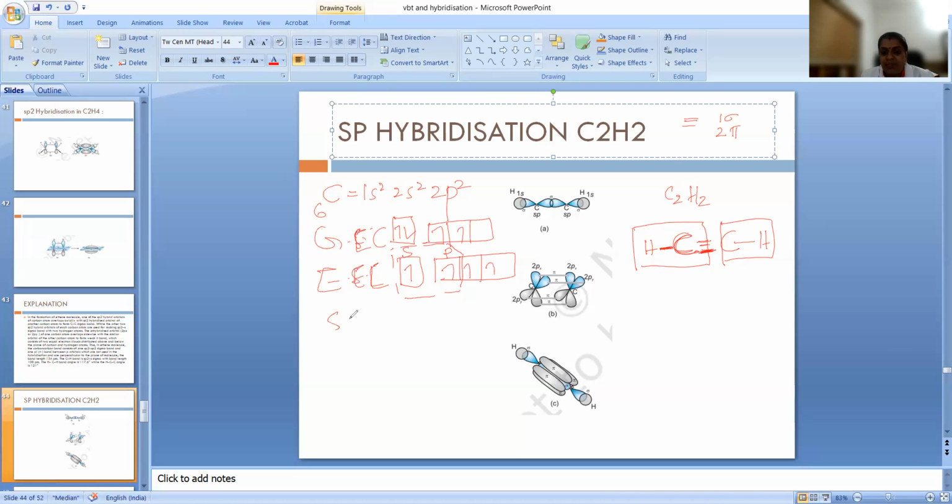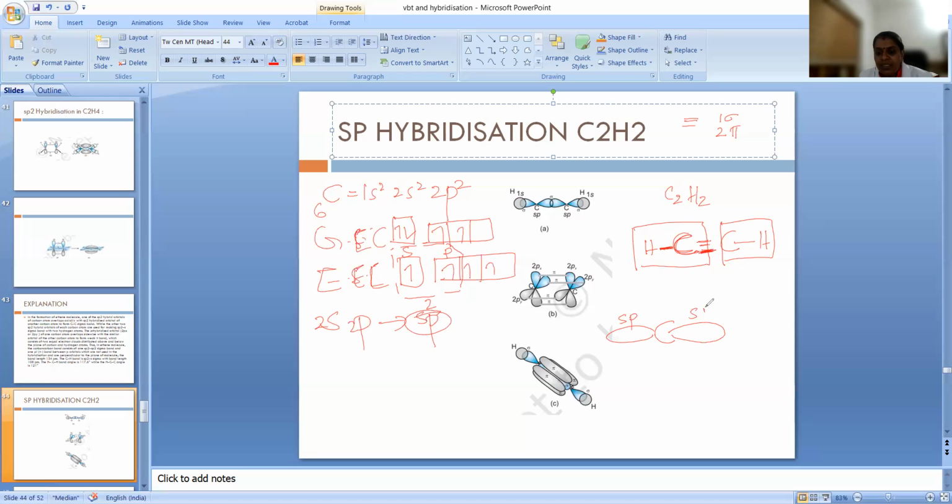So S and P only. That is, this 2s will be overlapping with this 2p, and we will get two hybridized orbitals, that is sp hybridized orbitals. Two sp hybridized orbitals we will be getting. So each carbon atom is having two sp hybridized orbitals only, one sp here, one sp here.